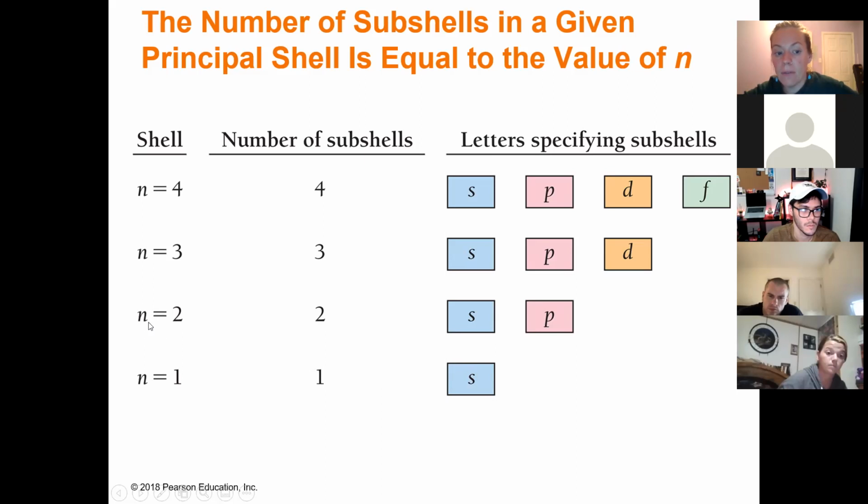The second floor, because it's a little farther from the nucleus, has more space. It can create the S shape, which is the sphere, and it also can create the P shape. As we move away from the nucleus, now in the third floor, we have another option. We can make a D shape. And then as we get out to N equals 4, we can make an F shape. If we go to N equals 5, the 5th floor, there's only S, P, D, and F. We don't have anything outside of that.